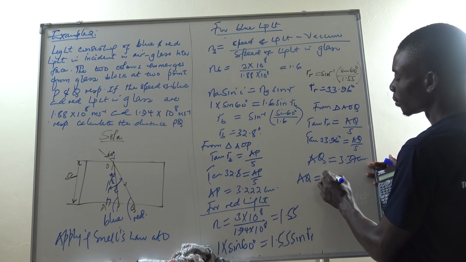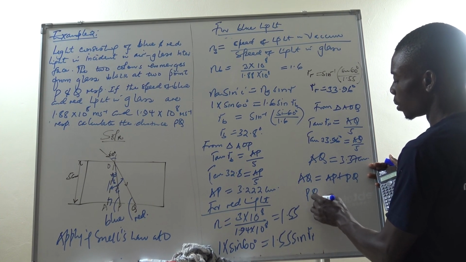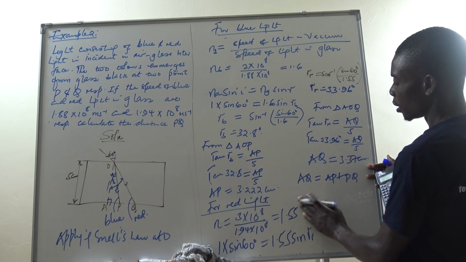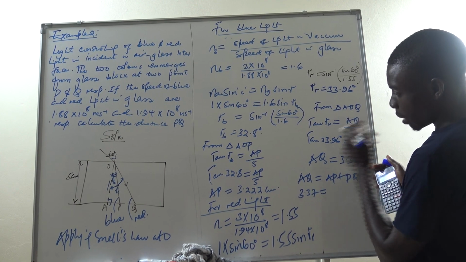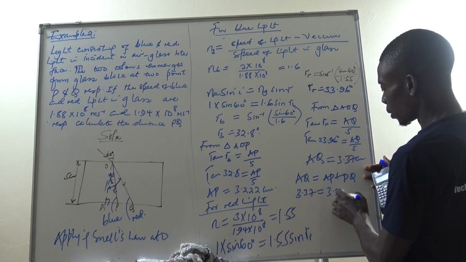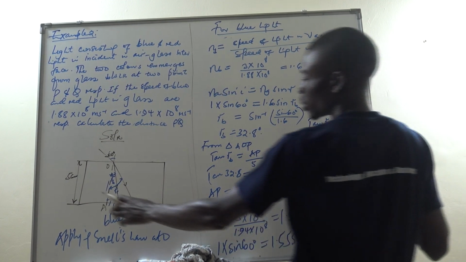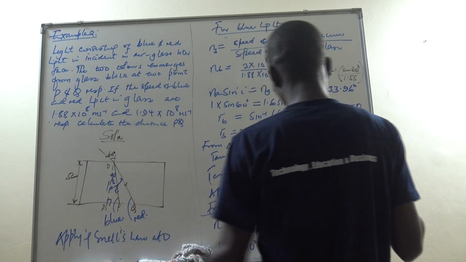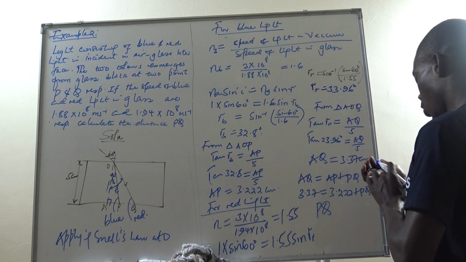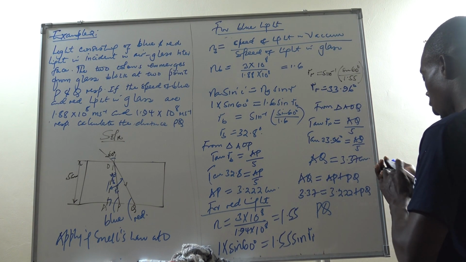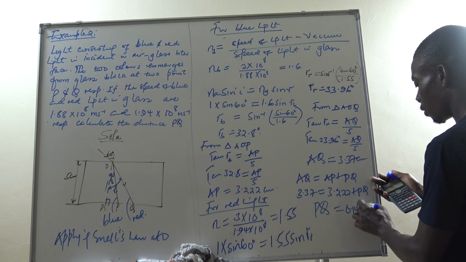So we shall say that AQ equals AP plus PQ. So PQ will be 3.37 minus AP, which is 3.222. I've calculated this and I've calculated that, so I get the difference between the two, which is 0.4145 centimeters.